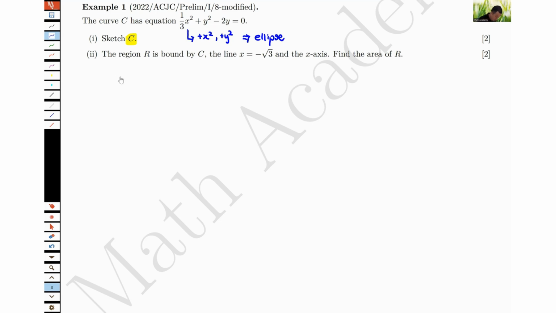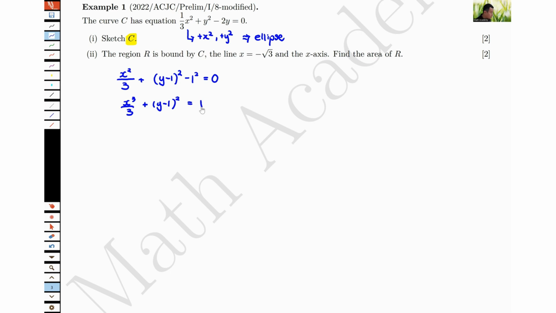So for the left-hand side, I will get x squared over 3. We don't change that. For the y values, I have got to complete the square. y squared minus 2y, we complete the square, minus 1 squared. Let me shift certain terms to the right-hand side.